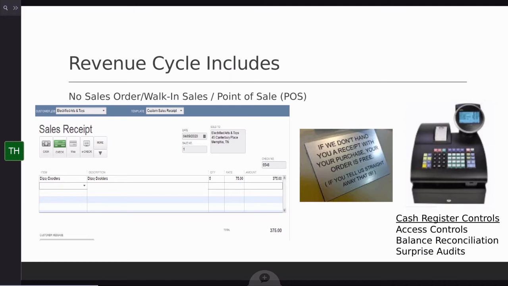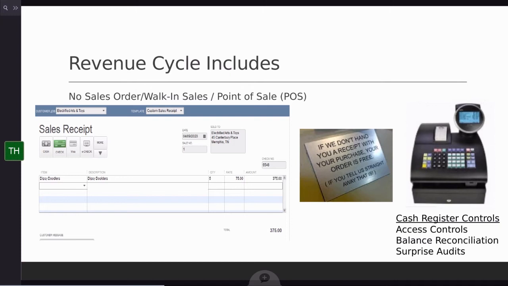So that's that transaction. But it could be a point of sale where we're at a cash register and we record things in that cash register. You'll notice the little sign in between. This is an auditor's tool, again, to make sure that all transactions are recorded so that some person out on the cash register isn't pocketing those sales.